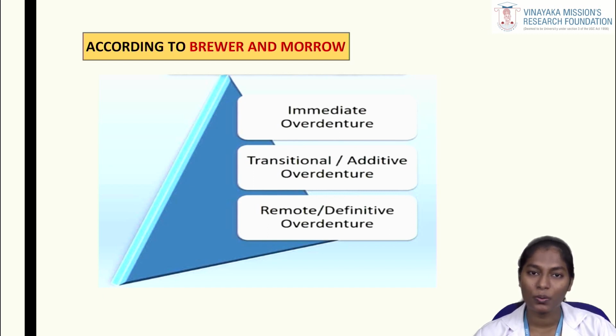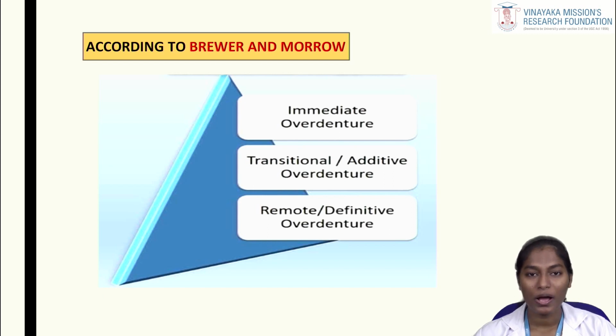The next is transitional overdenture. The term means temporary, for an interim period of time until a definitive overdenture is fabricated. So for the preparation phase, we are giving an overdenture, which is called a transitional overdenture. Remote or definitive overdenture is a complete overdenture constructed over the prepared abutment teeth.